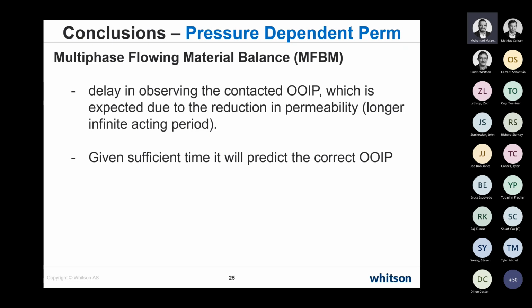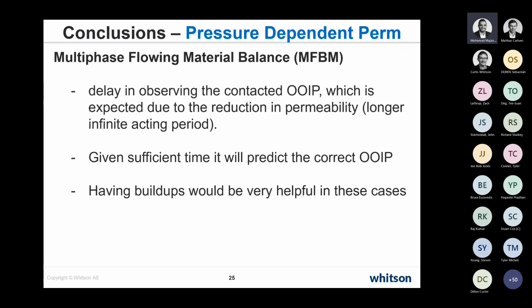If you run it for longer, then it will predict our OIP correctly. And this is one of the cases where it would have been very useful to have buildups, and that's something that I myself have seen personally in some workflows that I have run for our clients, where, when you're looking at the multi-phase flow material balance and you have good buildup data, then that buildup data will result in a higher OIP.